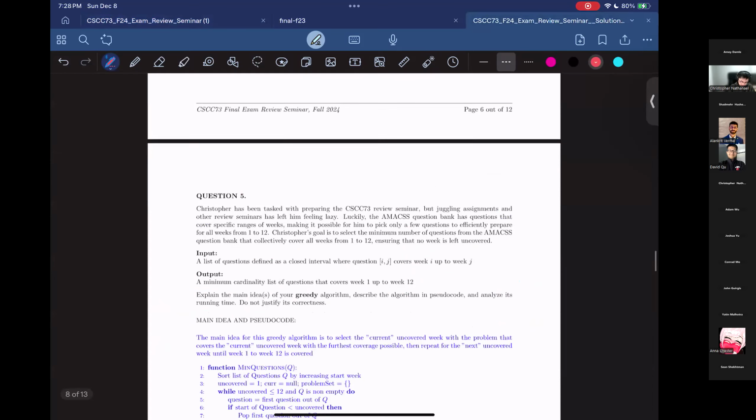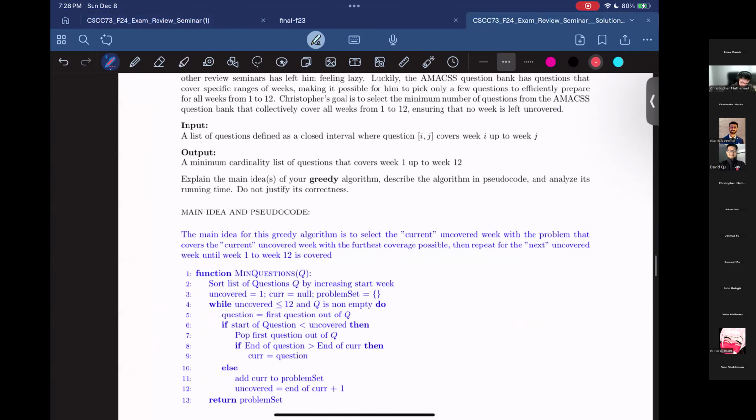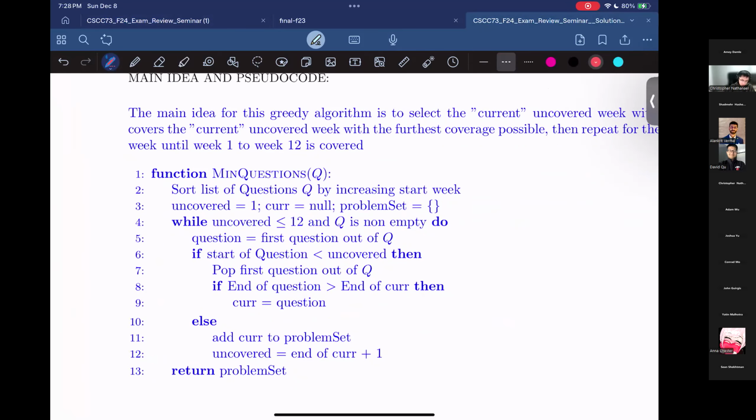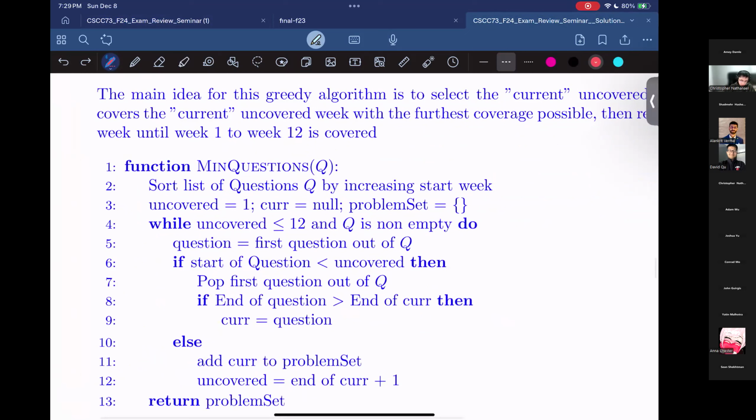So the algorithm looks like this. Sort the list of questions queue by increasing start week. Initialize your initial variables. While uncovered, which is the current uncovered week, is less than 12 and queue is not empty, do: question is equal to first question out of queue.